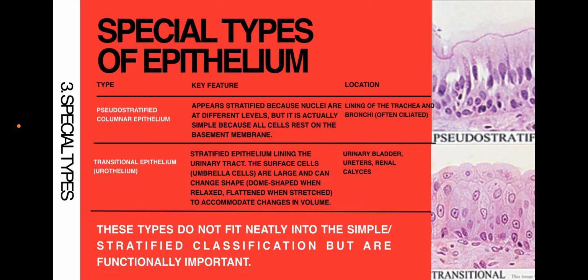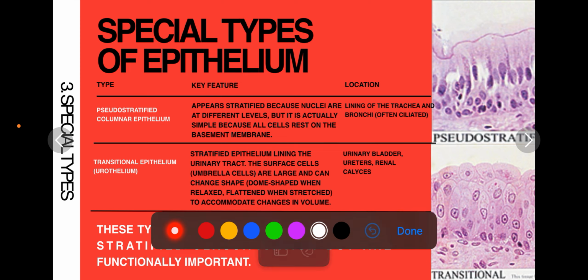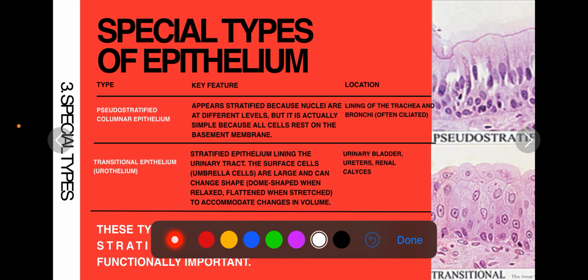So the first type is called pseudostratified columnar epithelium.